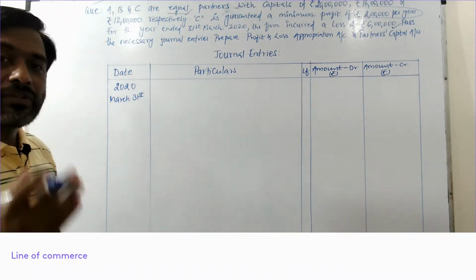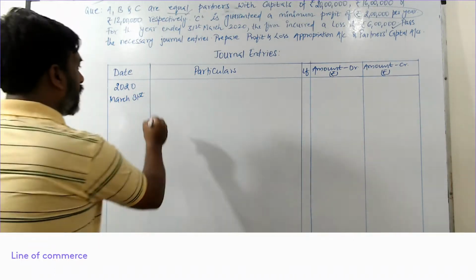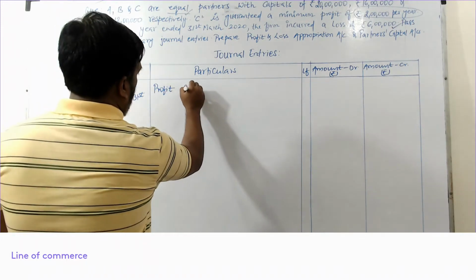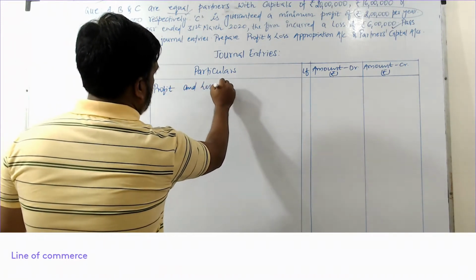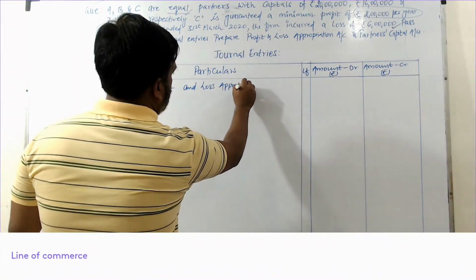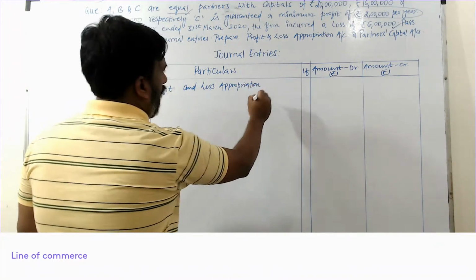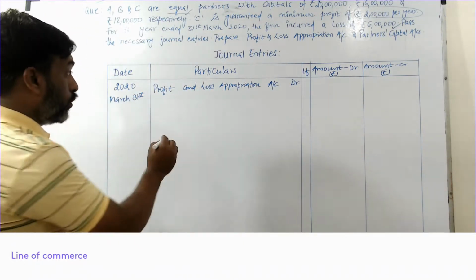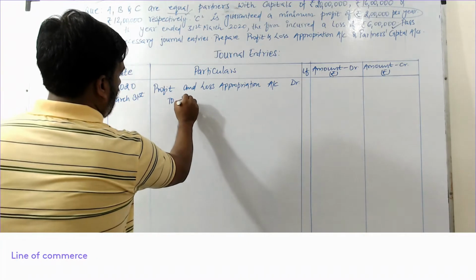So when we transfer loss, the journal entry will be profit and loss appropriation account debit to profit and loss account.